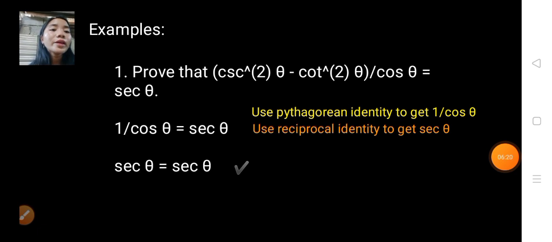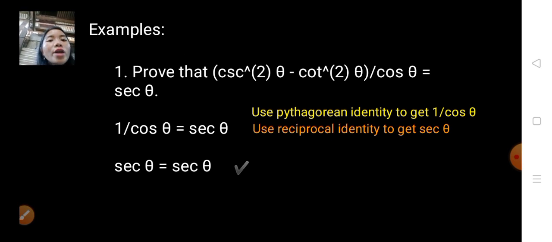So in the Pythagorean identity, cosecant squared theta minus cotangent squared theta is equal to 1. So we have 1 over, copy the denominator which is cos theta, then equal to secant theta.